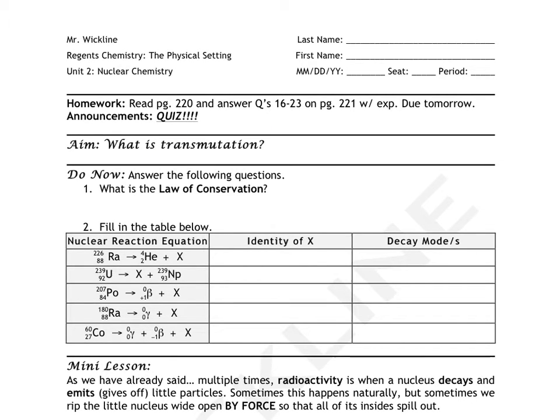There will be a classwork that you'll need to do, but we should have time to do that in class. It's 16 through 23 on page 221. So please copy that assignment down at the end of the classwork things that you're going to need to copy down. So yeah, 2 pieces of paper.